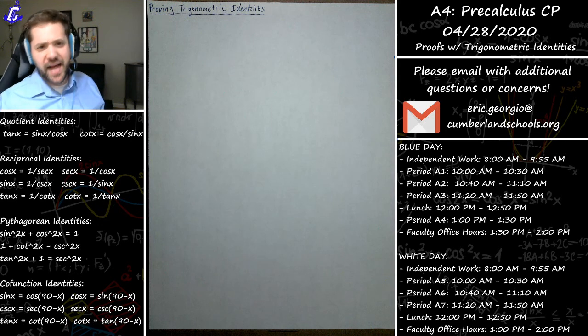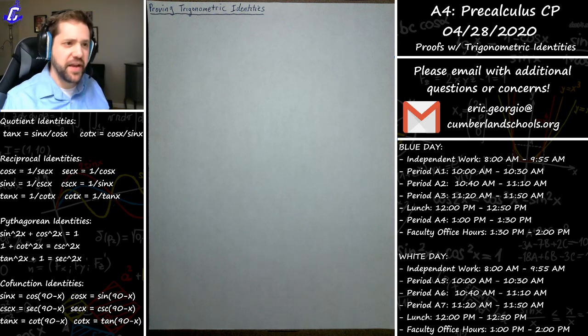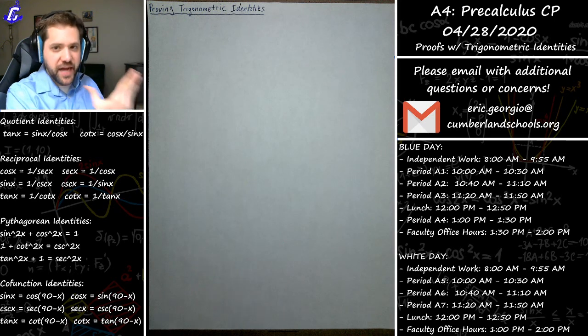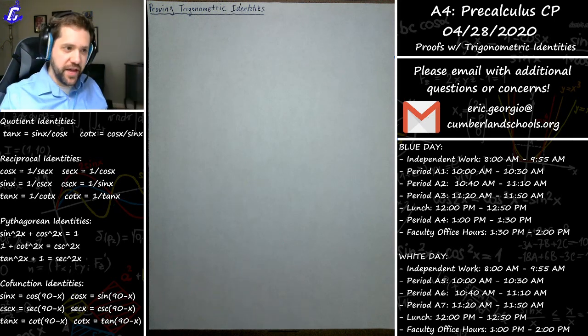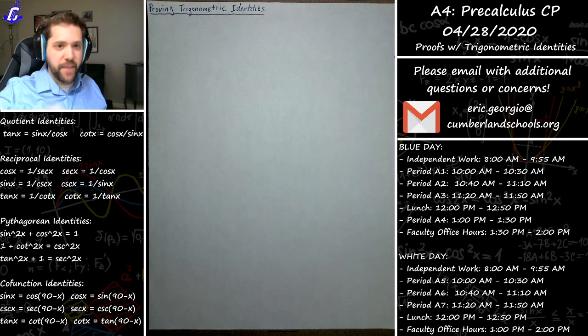How do you know when to stop? How do you know if something's fully simplified? It's sometimes a little tricky to get past that, and that's why those simplification problems really do just require a lot of practice. But with proofs, it actually does give you a directive to work towards. It's like, hey, we want to get this side of the equation to look like this. So we're going to be working towards all of the steps possible to make that occur.